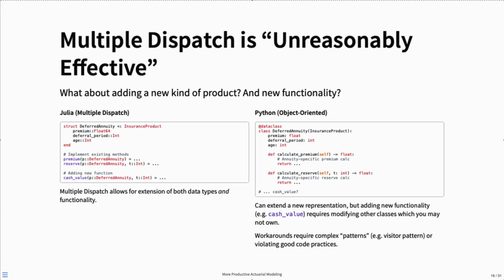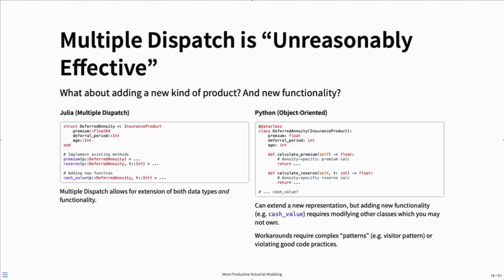That's contrasted with single dispatch, typical of object-oriented languages, where for a given class, the method will only depend on the first argument. In this simple example, you don't necessarily see the full spectrum of the fact that in Julia you could have 5 or 6 combinations of arguments, and every one of those arguments would contribute to which method you select.